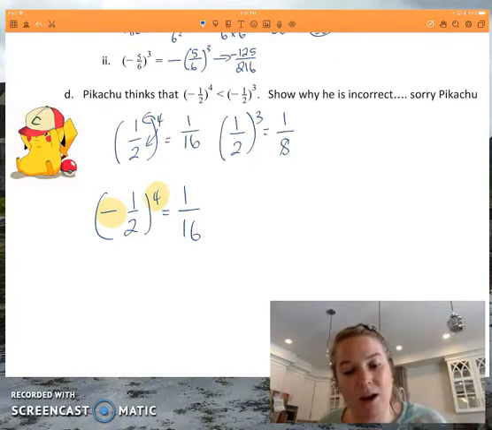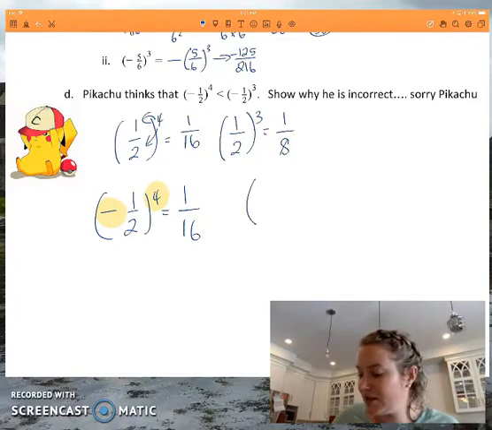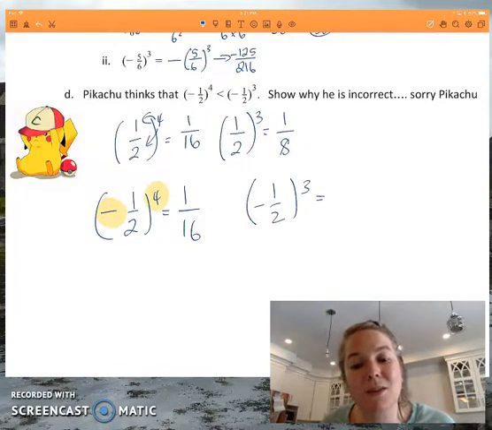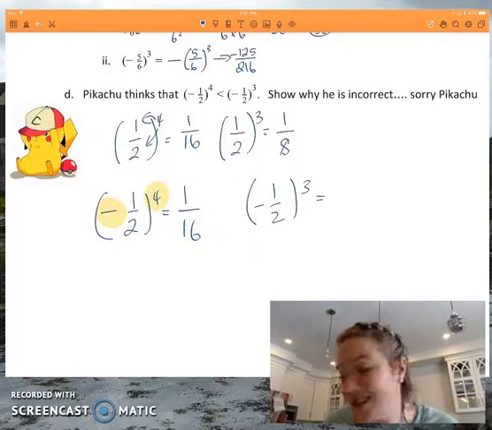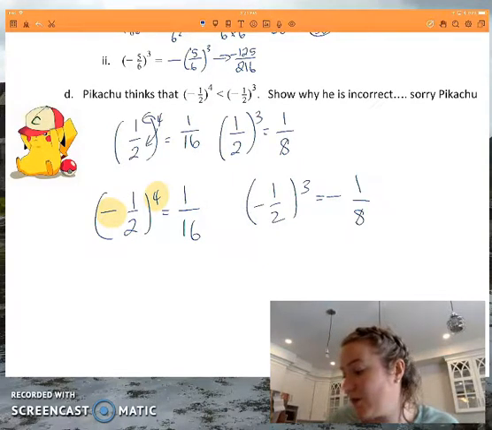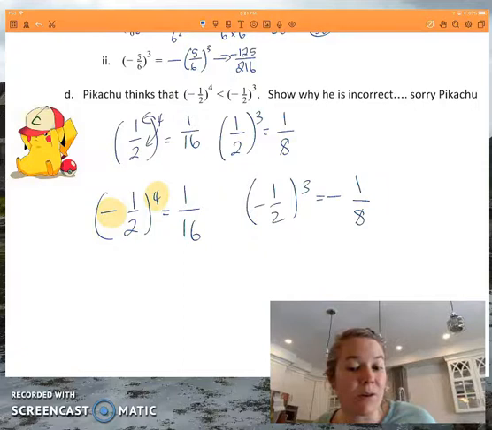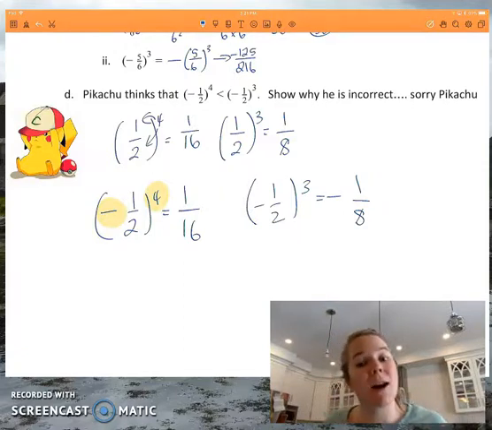Now we have a positive answer. But this negative 1/2 to the exponent 3, because that exponent's odd, the answer stays negative. So you get negative 1/8. Negative 1/8 is smaller than positive 1/16, and Pikachu is wrong.